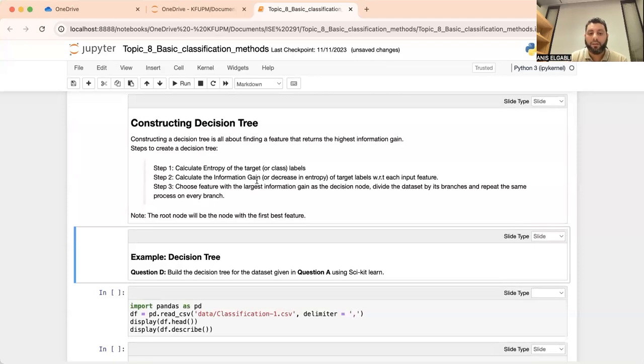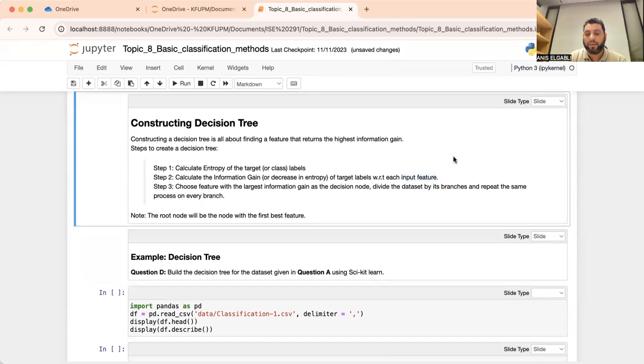Then we calculate the information gain or the conditional entropy. We will actually calculate the conditional entropy, and then from that we can rely only on the conditional entropy, or we compute the information gain, of the target variable given every input feature. So we will go over every input feature.